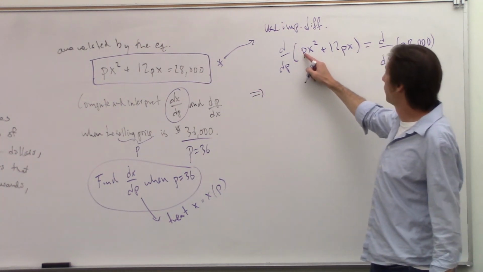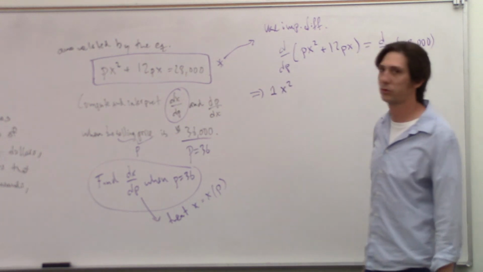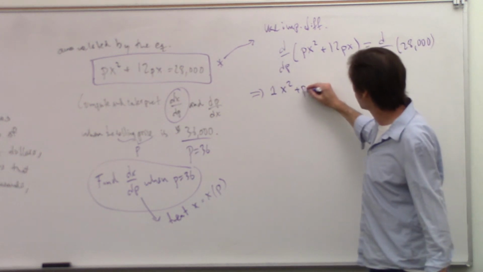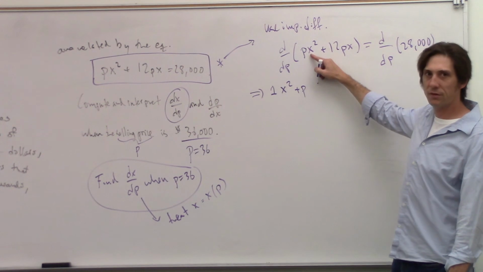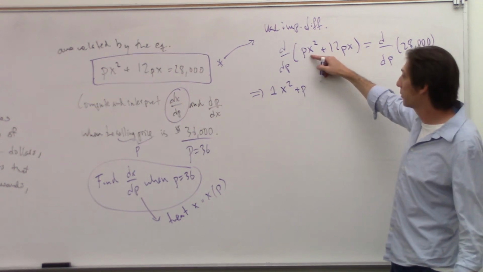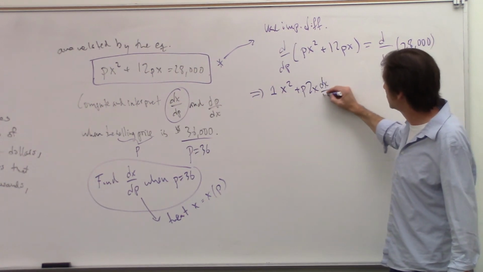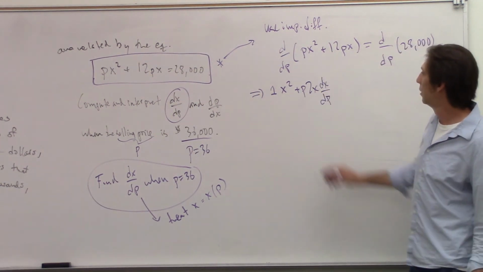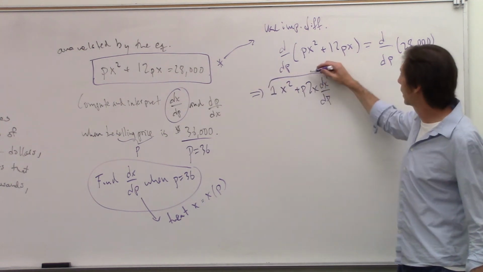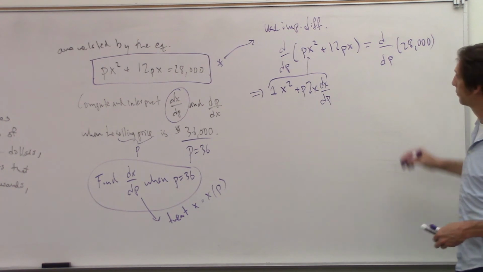The derivative of the first term, p with respect to p, is 1, times the second term, x squared, plus the first term, p, times the derivative of x squared with respect to p. So here I'm differentiating an x term, so that gives me 2x, like it normally would, but now times dx/dp. All right, so these two terms came from this single product, from the product rule.